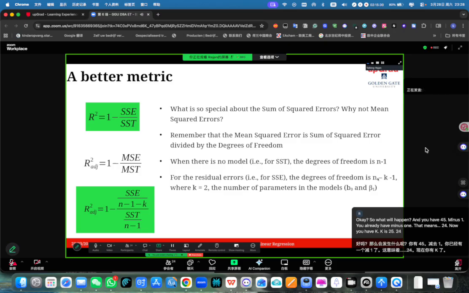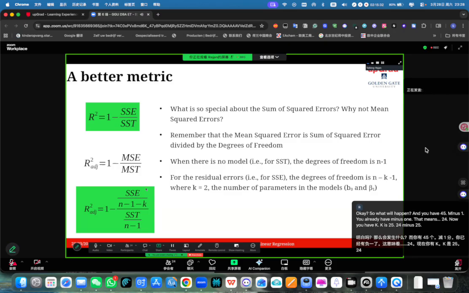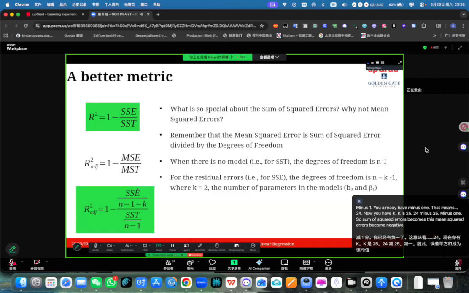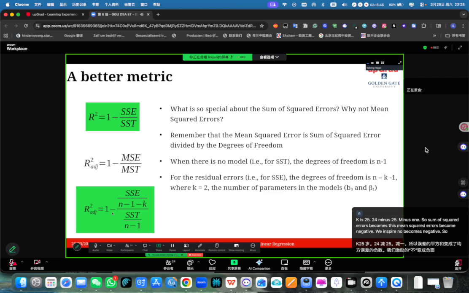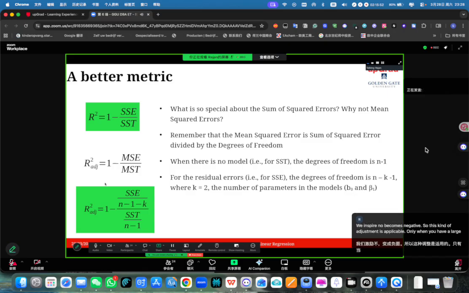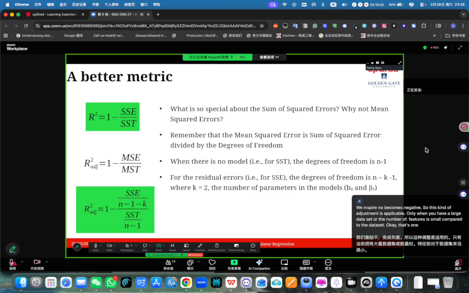So 24 minus 25 minus 1. The mean squared error now becomes negative. So this kind of adjustment is applicable only when you have a large data set, or the number of features is small compared to the data set. That's one constraint we have got to work with. But otherwise, this is whatever number we get.